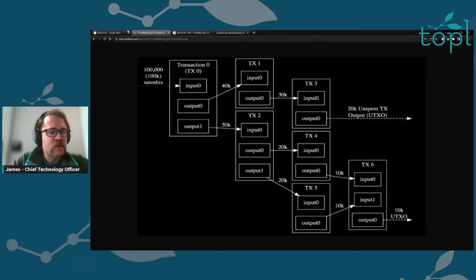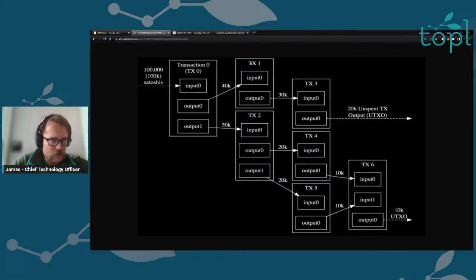And you see here we have transaction 0 on the far left. There are inputs and there are outputs. In fact, we see this thing called input 0, and output 0 and output 1. But then we have this arrow where output 0 is connected to this thing we call input 0 in transaction 1.